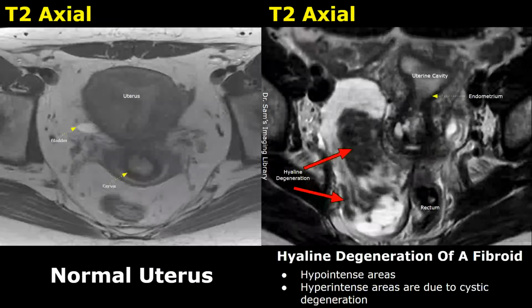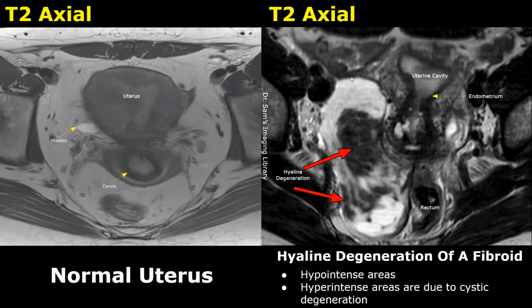There are different types of degenerations that a fibroid can undergo. One of them is hyaline degeneration. You can see a heterogeneous fibroid with hypointense areas on a T2 sequence.